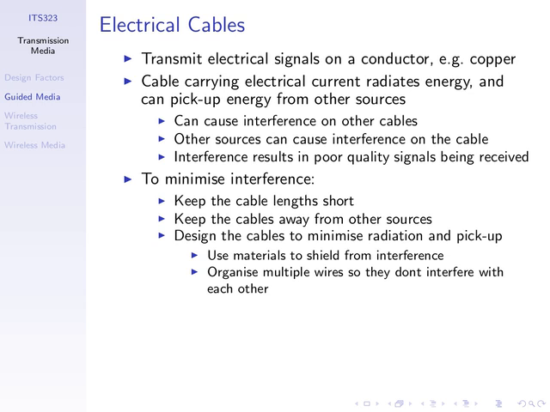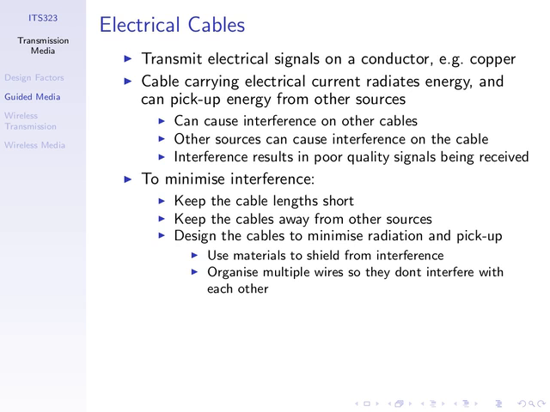What that means is we get interference. When we're transmitting an electrical signal across our wire, we can have our signal interfered with by other sources of energy. Not just other data transmissions, but any electrical system, some power generator, for example. So our transmission can cause interference on other cables, and other sources can cause interference on our cable.